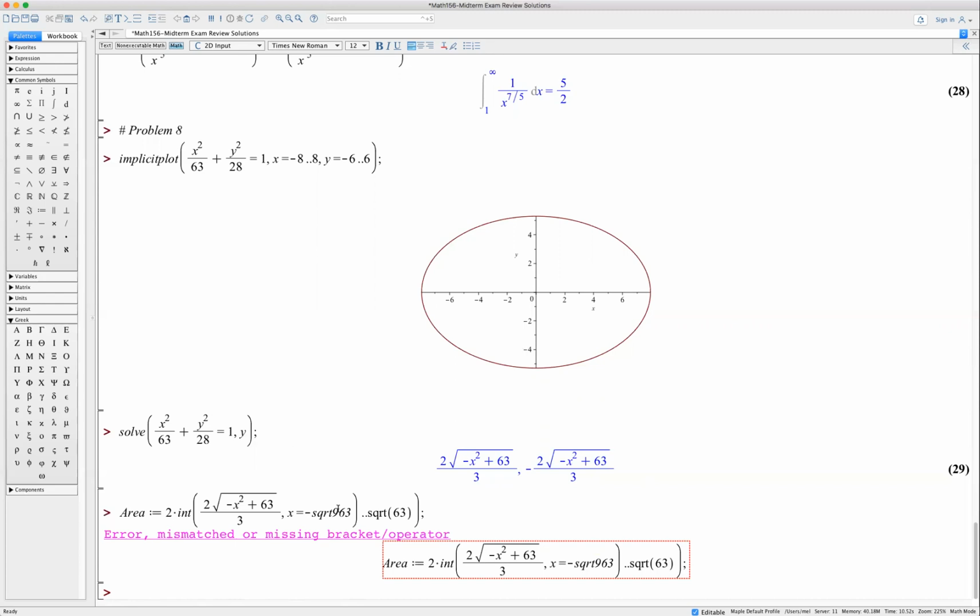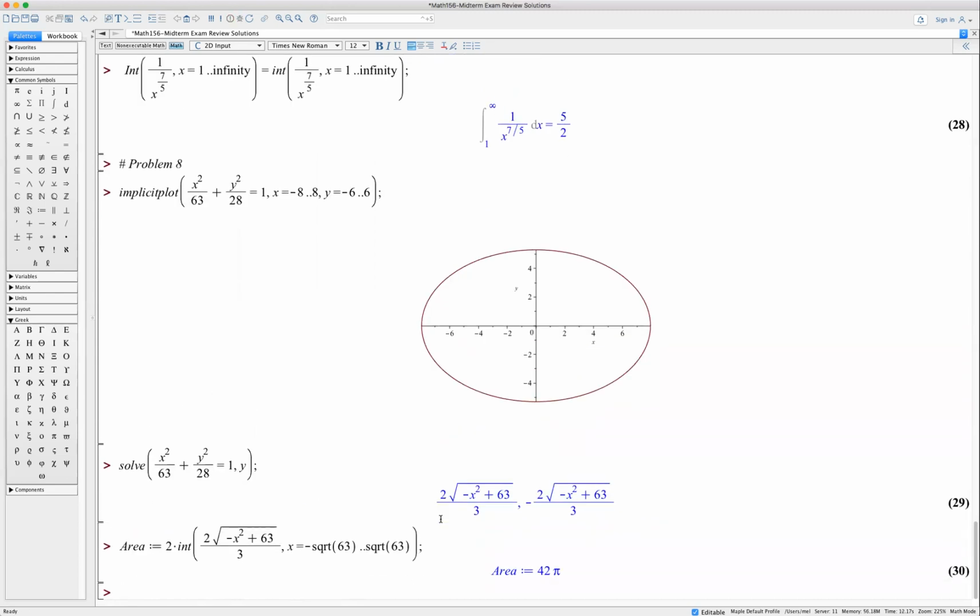Oops. This should be parenthesis there. Wow, 42 pi is exactly the area. That's pretty good. That's exactly what it is.